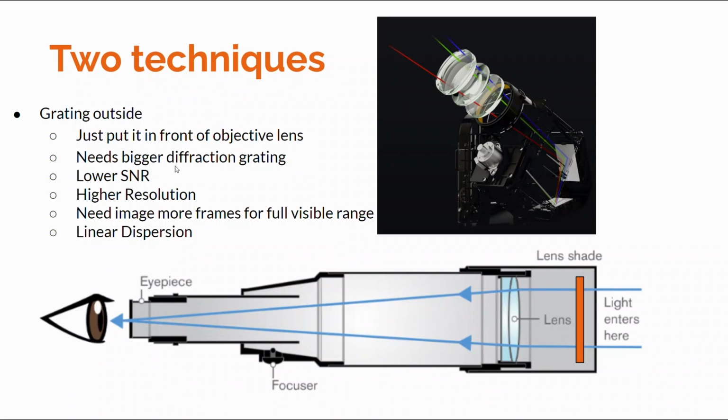So what does that mean? First of all, if I want to capture as much light as possible that still has that diffraction dispersion, I need my grating to be big. Before, if I put it inside, my grating could be very small. But out here, ideally, your grating should be at least as big as your front objective lens.